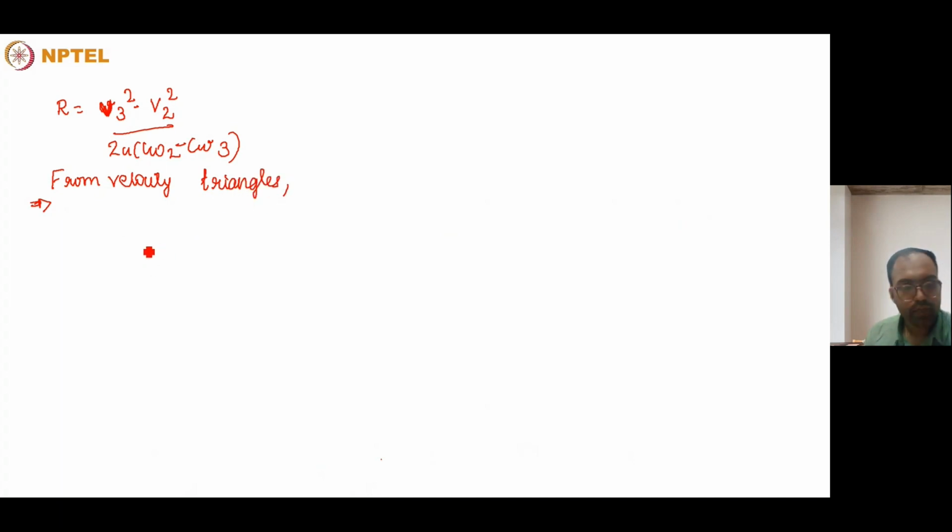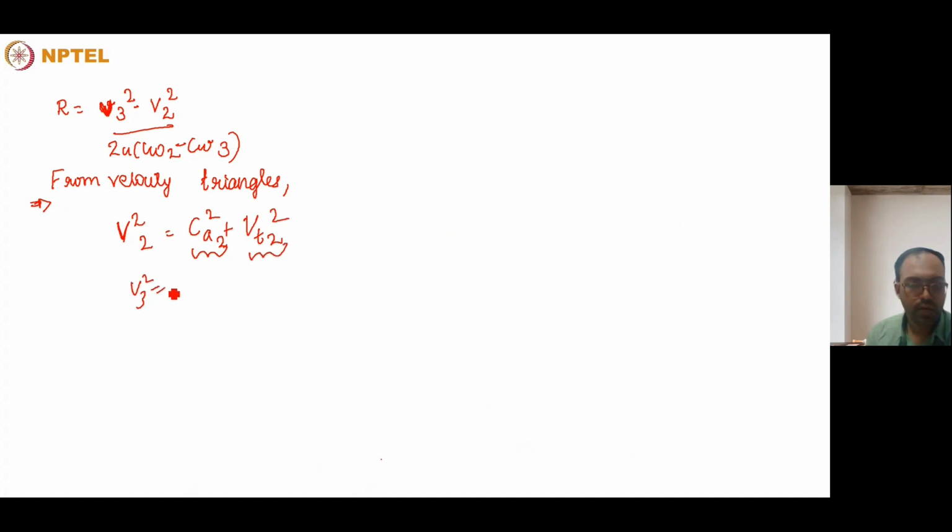The relative velocity squared can be written as the axial velocity squared plus the tangential component of the relative velocity squared.